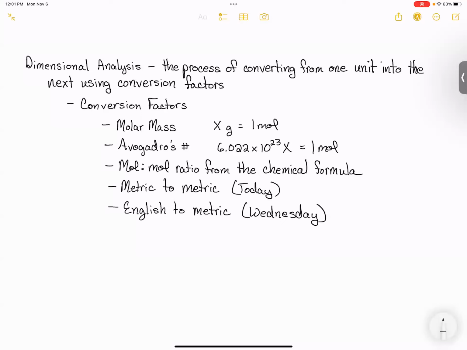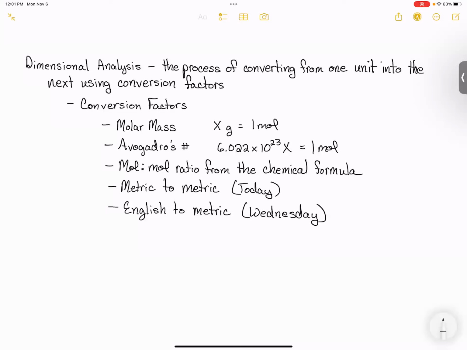We've used Avogadro's number as a conversion factor, again, whether that is of an element or a molecule or an ion. We've used the mole-to-mole ratio from the chemical formula as a conversion factor that allows us to convert from one substance into an element within that substance.